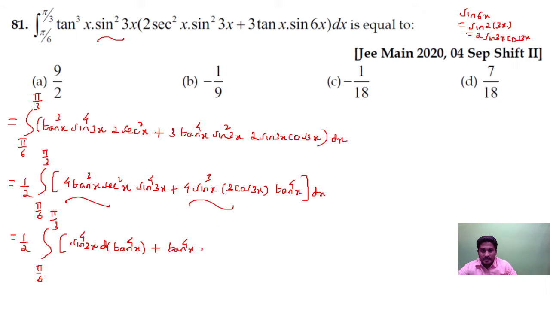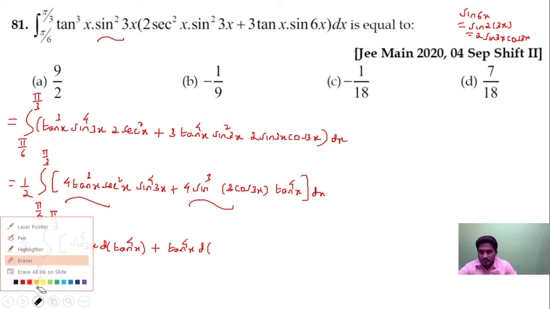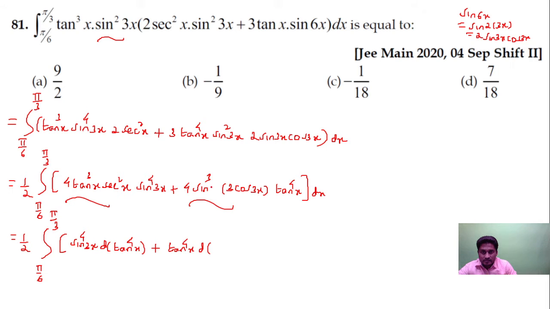And this can be written as d of sine to the power of, this is sine cube 3x. 3 I missed here. This is sine cube 3x, and this will be equal to d of sine to the power of 4 3x.